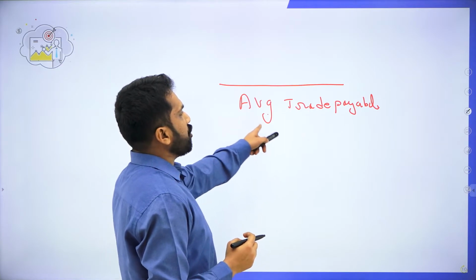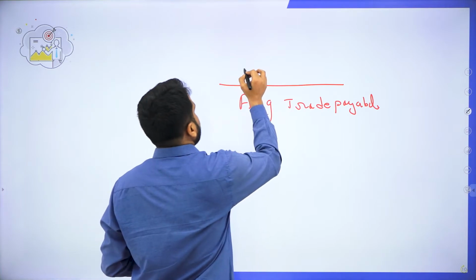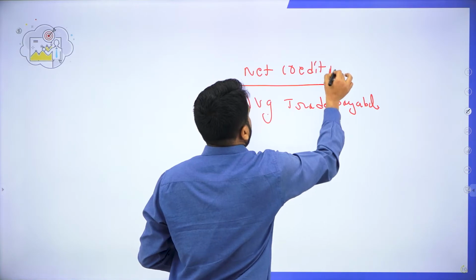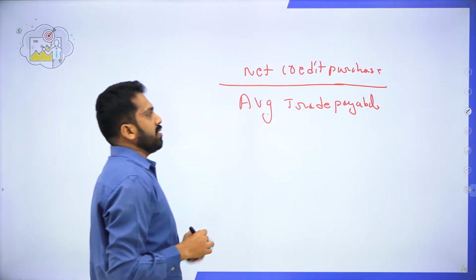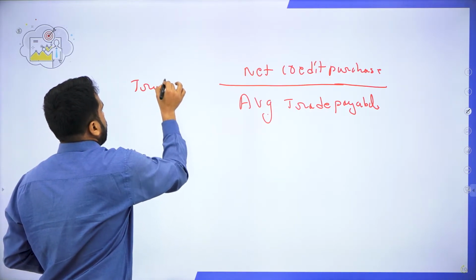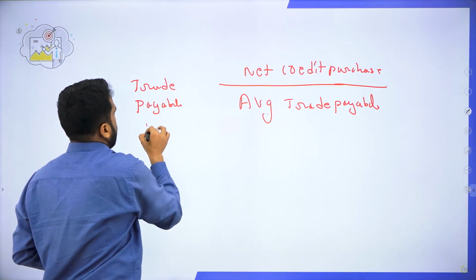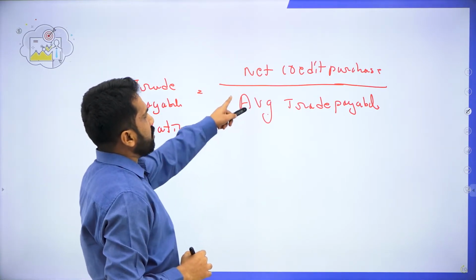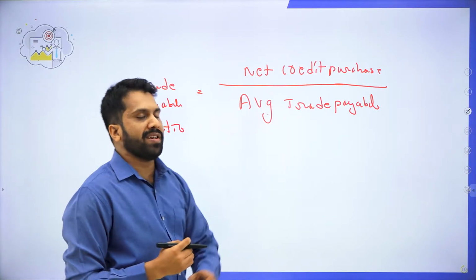So you have net credit purchase divided by average trade payable.